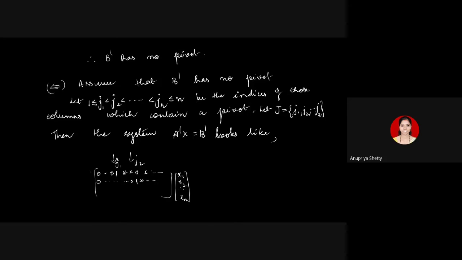If this 1 is present in the third column, that 1 gets multiplied with x3 itself. If you're clear with the idea of matrix multiplication, this should not be difficult for you. So let me write down the equations with all that understanding.